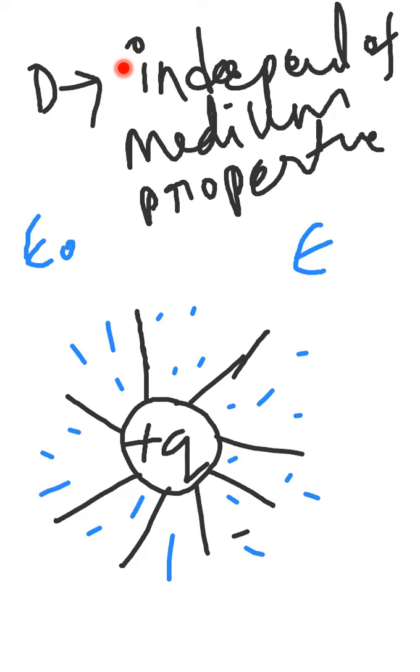But one thing will happen: the electric field strength will decrease, because so far we are discussing only flux density. E field lines we have to discuss later. Please note down that flux density is independent of epsilon, independent of medium properties.